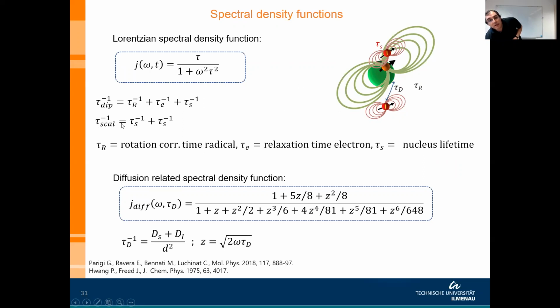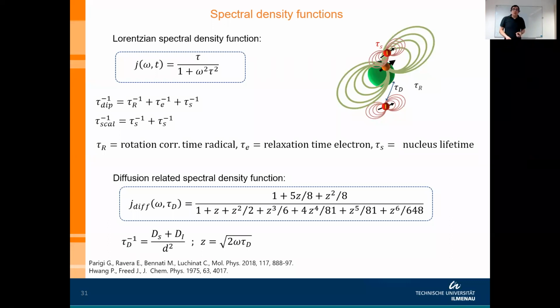The scalar interaction is related with the probability that the nucleus is close to the electron in the radical. This will depend on the time that this nucleus remains there and then goes away later. This is what we call the nucleus lifetime here.